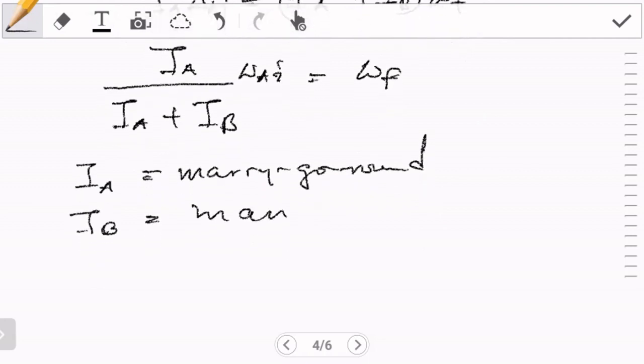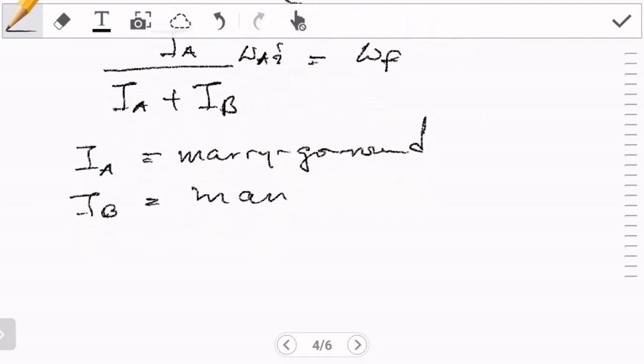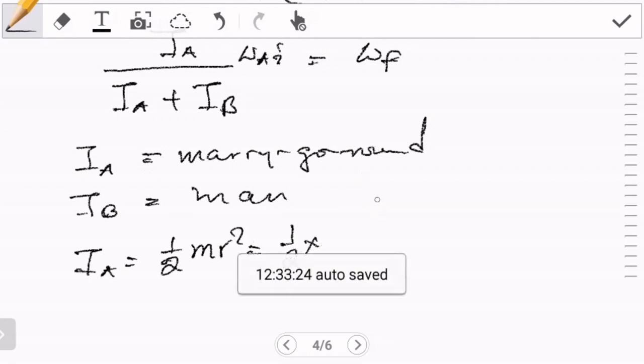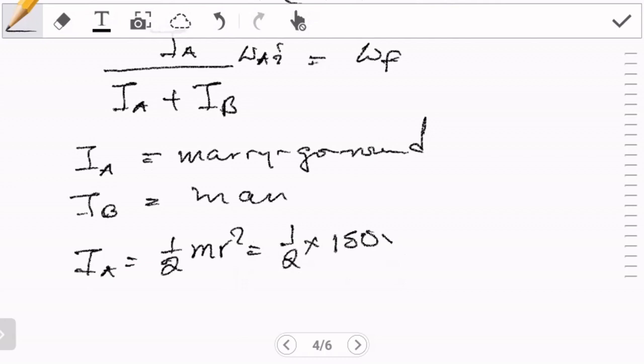The merry-go-round is made out of a disk according to the question. So the moment of inertia for a disk is given by half mr squared. From here, this becomes half, the mass of the disk, which is given as 150 kgs, times the radius of the disk, given as 6 meters, squared.